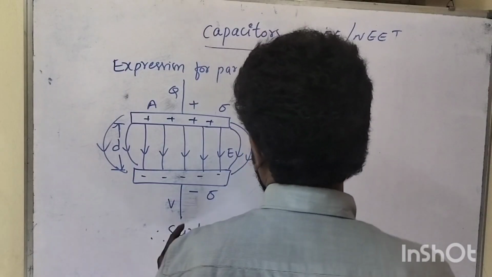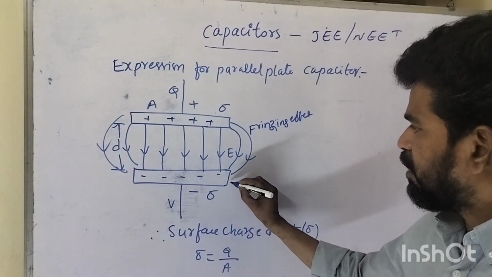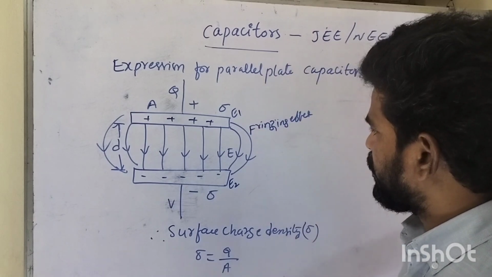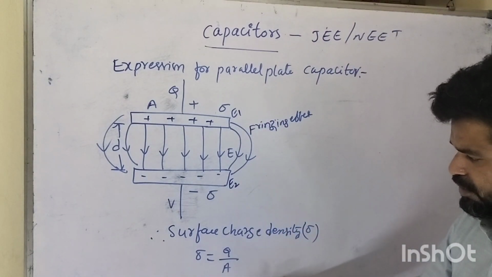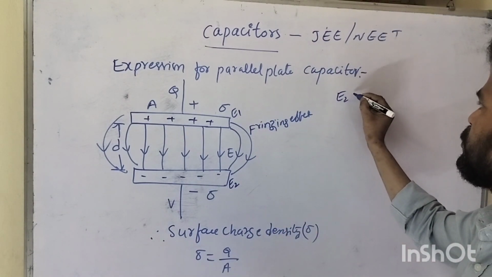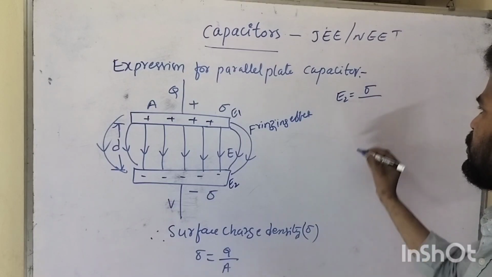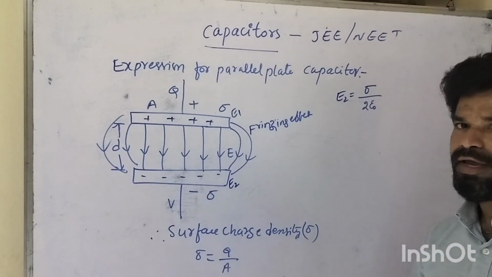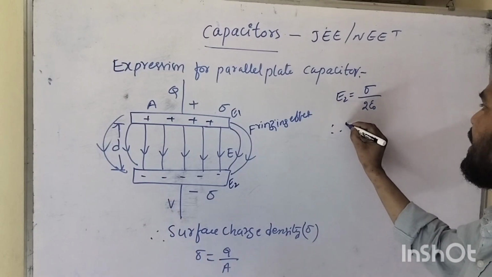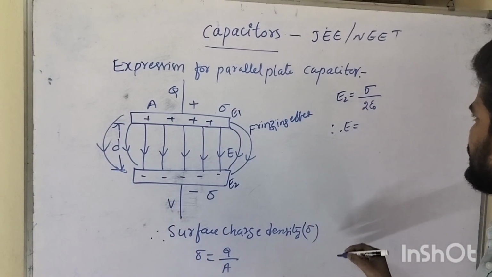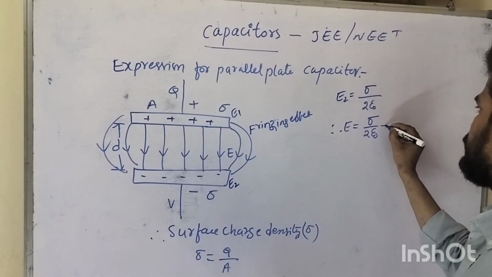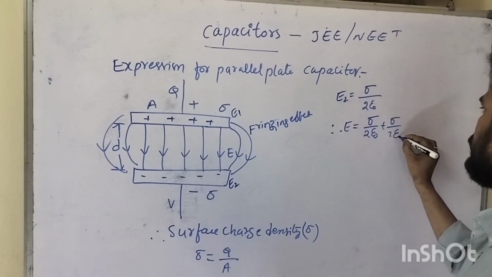Similarly, the electric field intensity for the second plate, E2, is equal to the surface charge density by 2 epsilon naught. The net electric field intensity is E1 plus E2, which is sigma by 2 epsilon naught plus sigma by 2 epsilon naught.